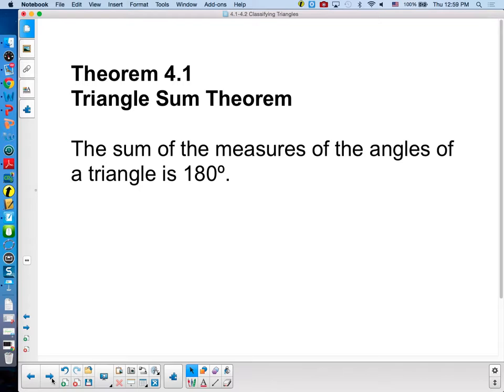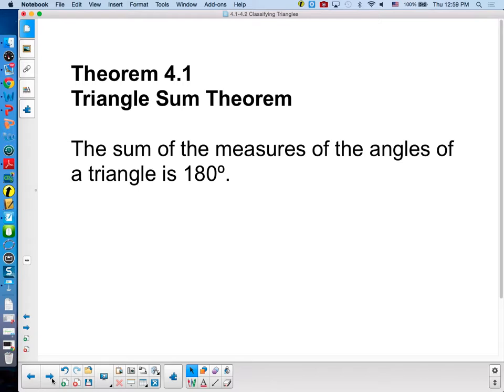If they were all the same, if we had an equiangular triangle, they're all the same and they have to add up to 180, how big would each one have to be? Have to divide 180 by 3 and you get 60. So if they're all the same, they're going to be 60, 60, 60.